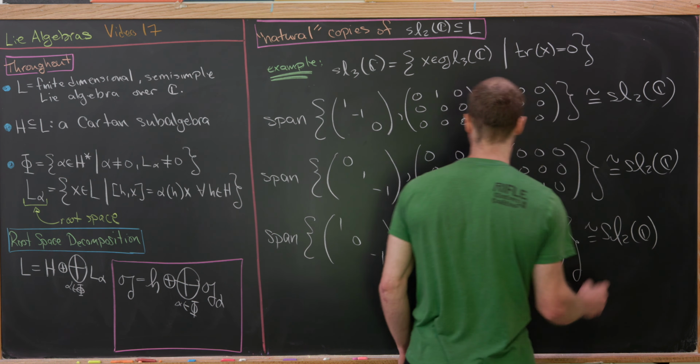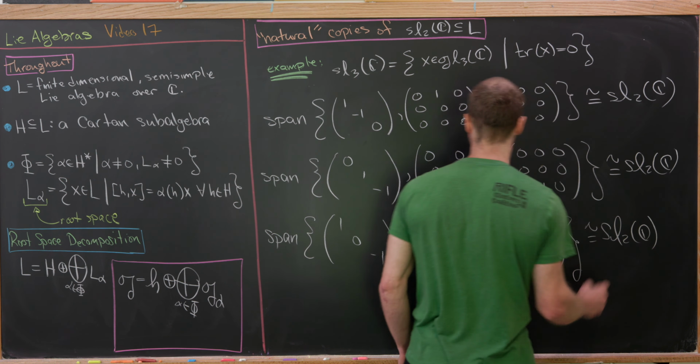Okay, so now let's move towards finding copies of SL2 in an arbitrary Lie algebra satisfying these conditions. That'll begin with this proof that says if alpha is a root, then minus alpha is also a root. Remember, this is the set of all roots over here. Let's see how that goes.